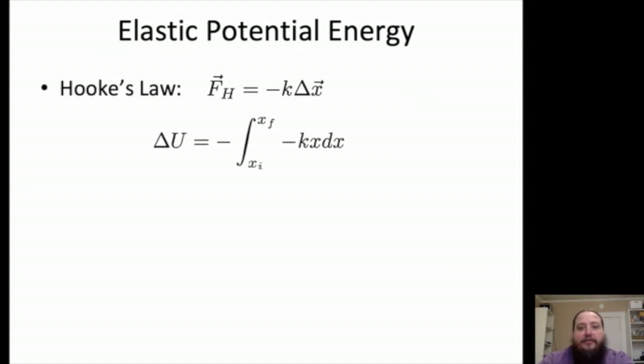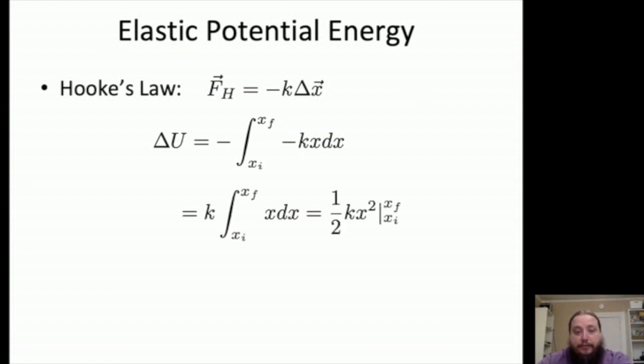With this definition of force, again, we define the change in potential energy as this work integral between an initial and final position. And if we go ahead and do the calculus there, we can say that that change in potential energy is the difference between two terms, both of the form 1/2 kx squared.